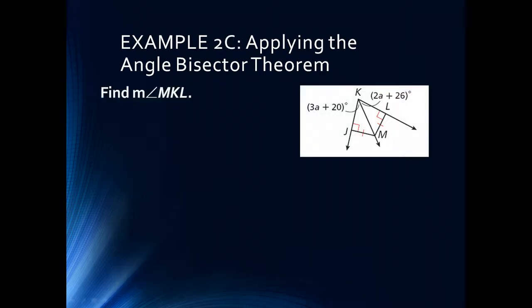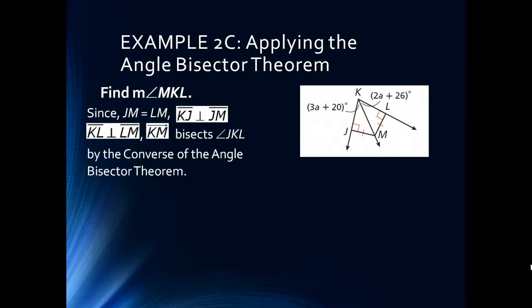In example 2C, we want to find the measure of MKL. So MKL would be 2A plus 26 degrees. Since JM is equal to LM, and KJ is perpendicular to JM, and KL is perpendicular to LM, we know that KM is the bisector of the angle.